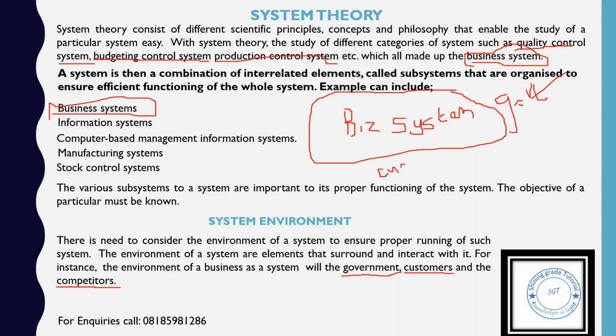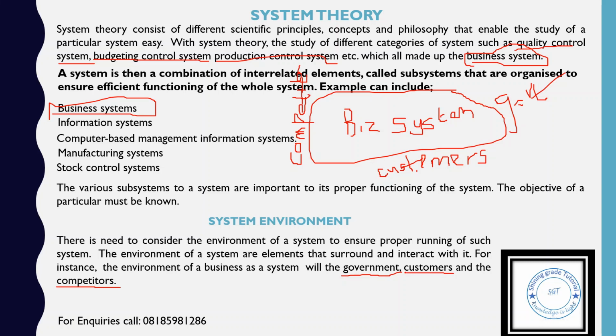They also interact with it. We have competitors. So all of this determines the environment of the business system.